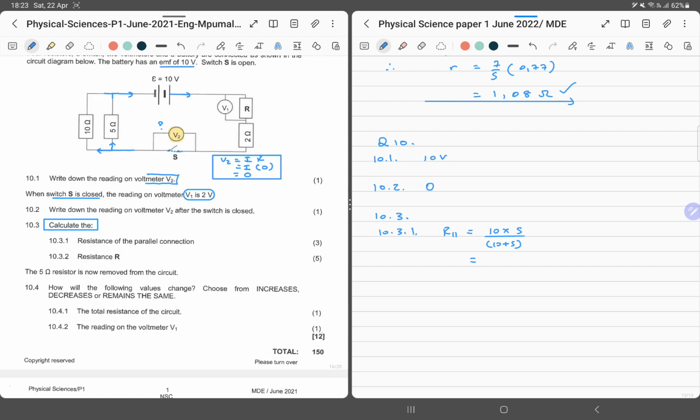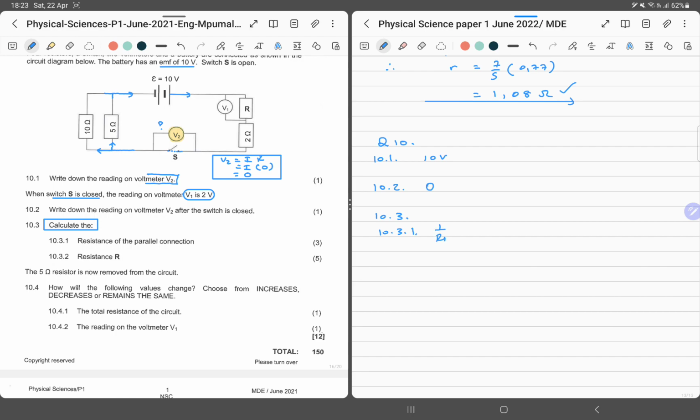You can show the calculation. I mean, this is 3 marks. So perhaps you may want to say things like this. I don't know if they will punish you for this, but let's just try to be as standard as possible.